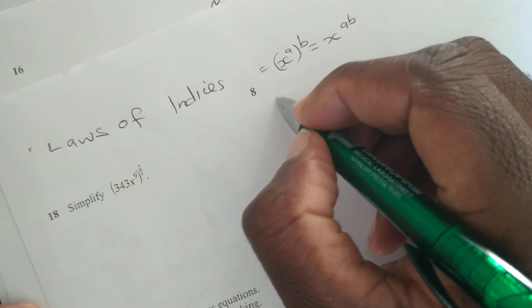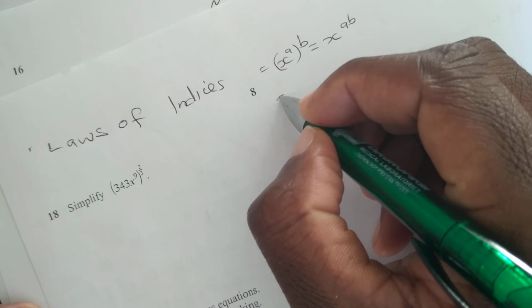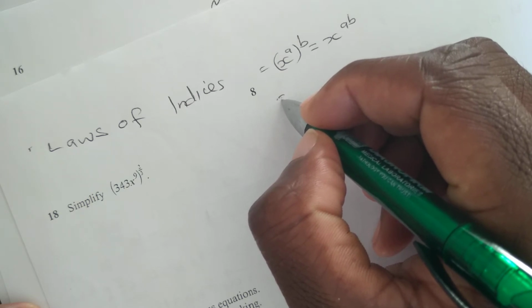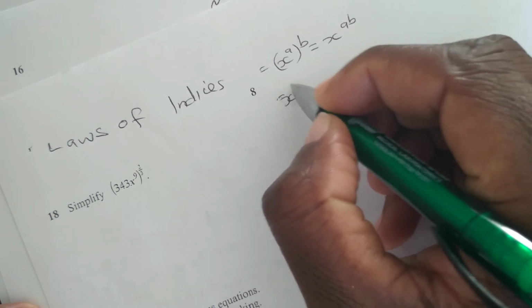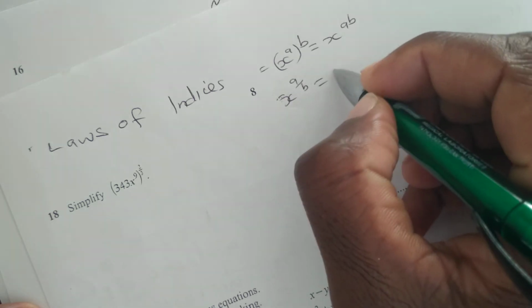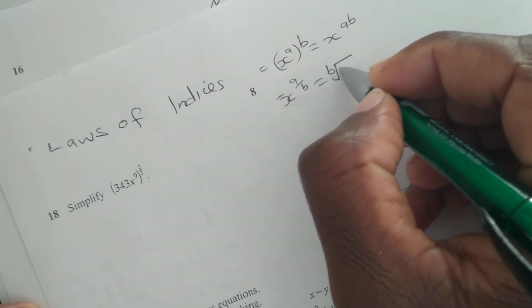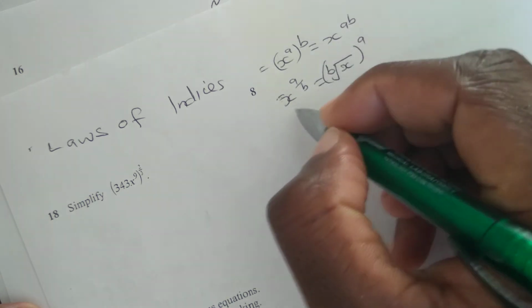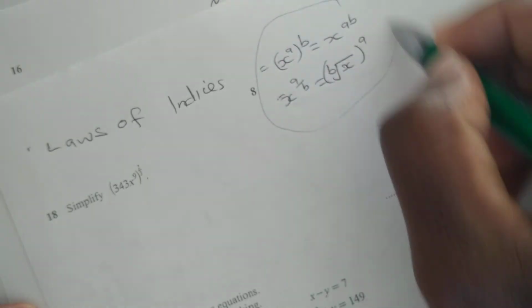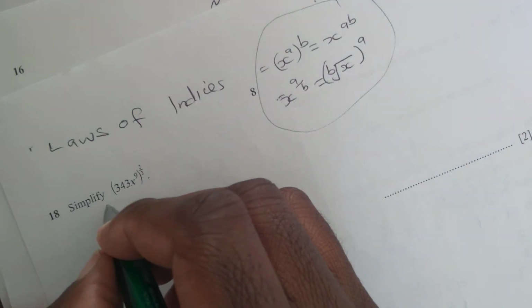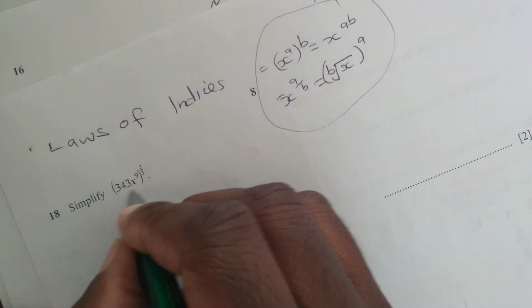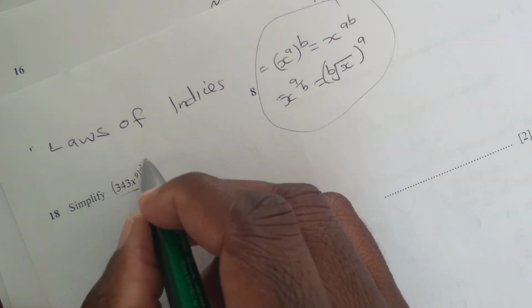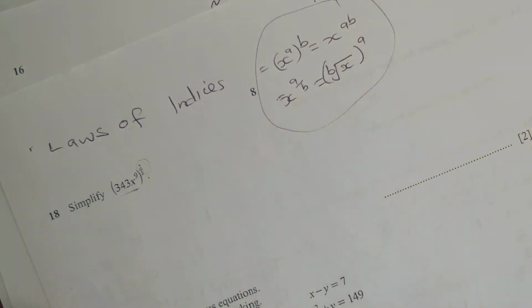There's a law that says x to the power a over b equals the bth root of x, all to the power a. So we'll apply these laws in answering this one. First there's a bracket which is affected by that power.